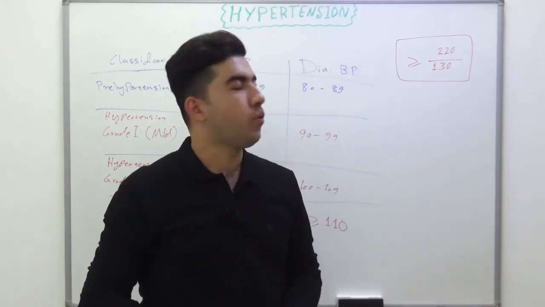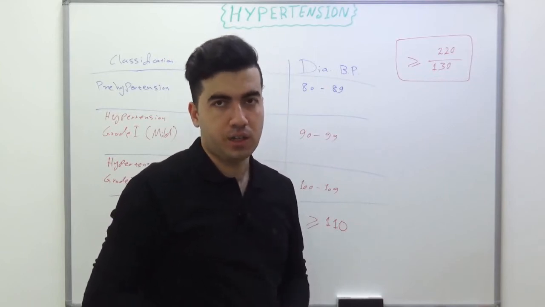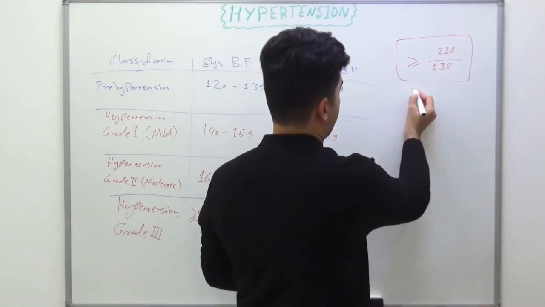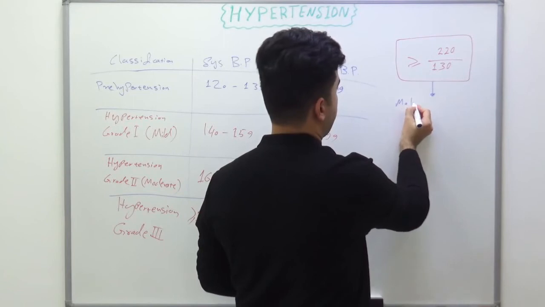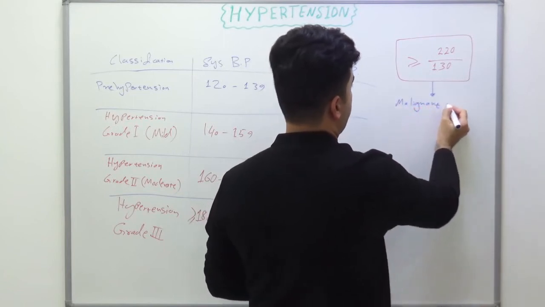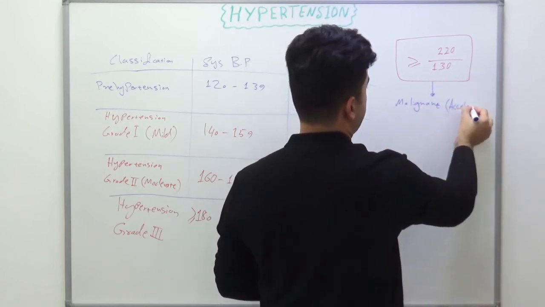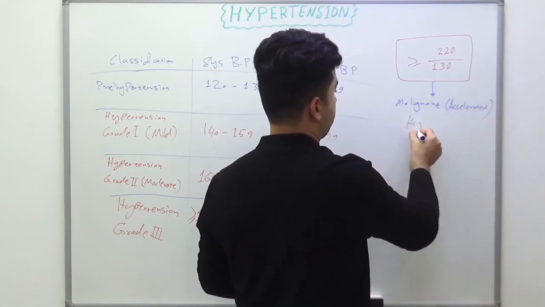One form of this hypertensive emergency is called malignant or accelerated hypertension.